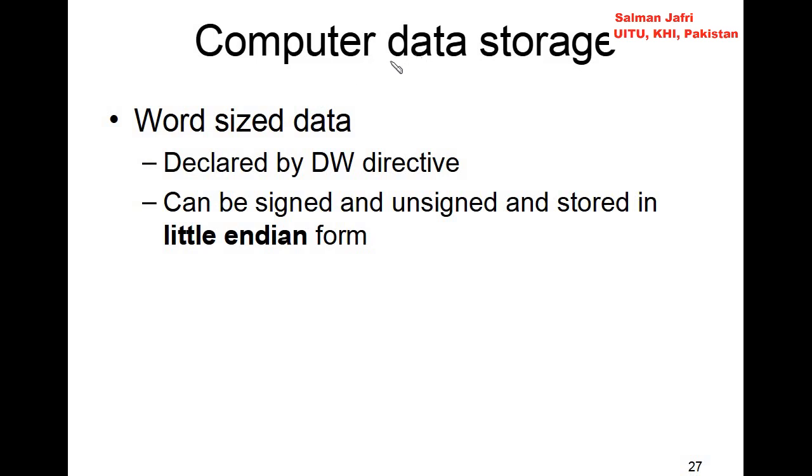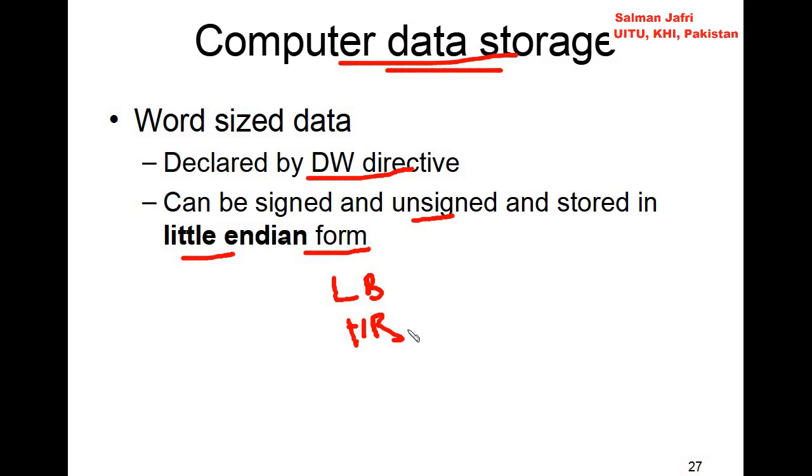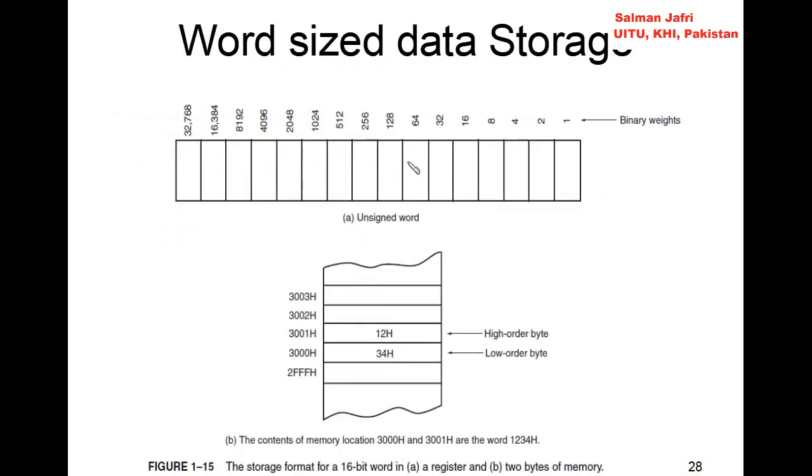Now some points about computer data storage. Word size data defined by the define word directive can be signed and unsigned and is stored in little endian form. Little endian is basically low byte followed by high byte. Now, is it a signed word or an unsigned word?